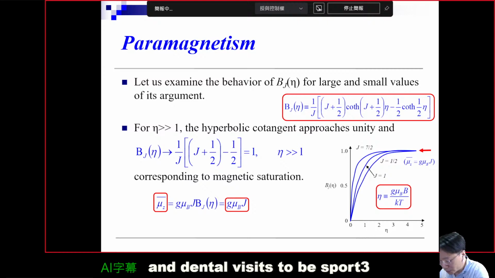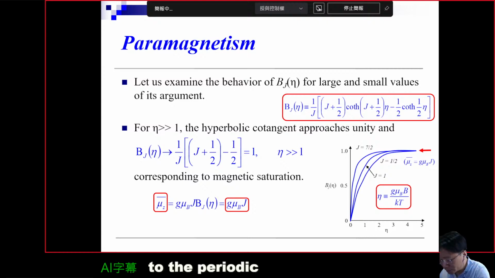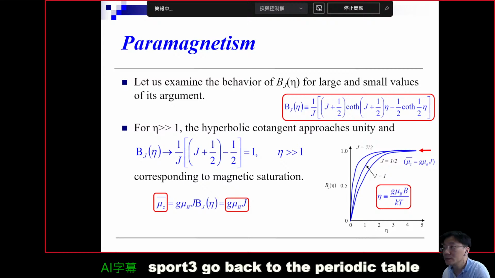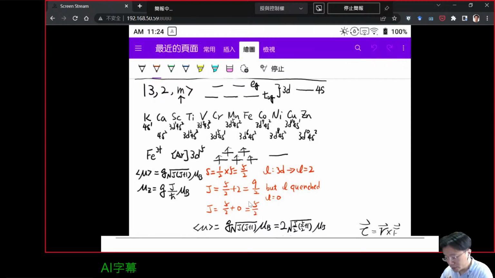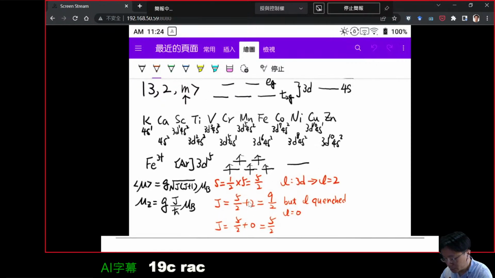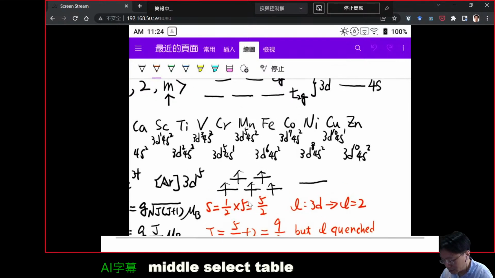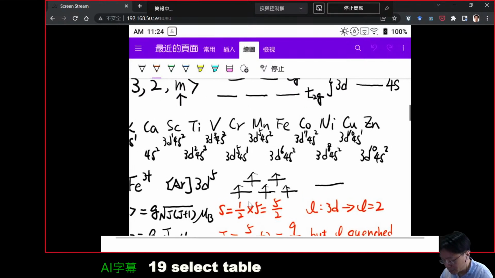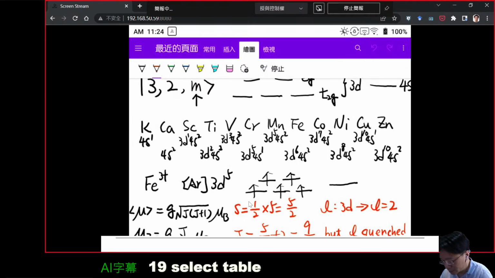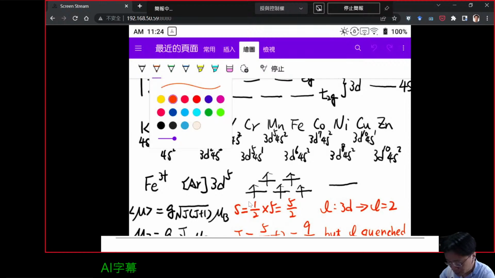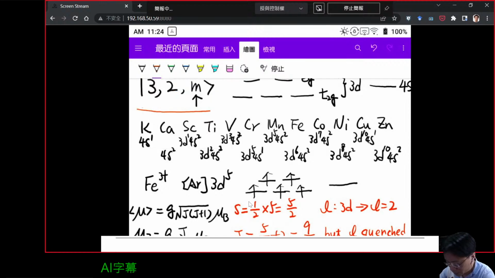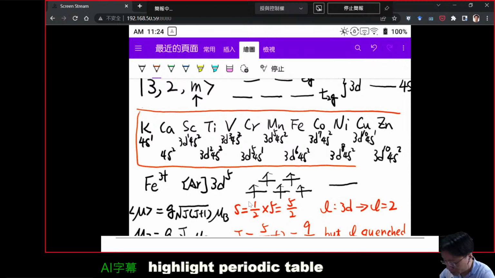So when we go back to the periodic table, let me just enlarge the periodic table here, and I will highlight it.